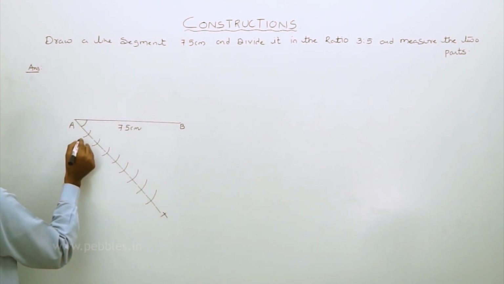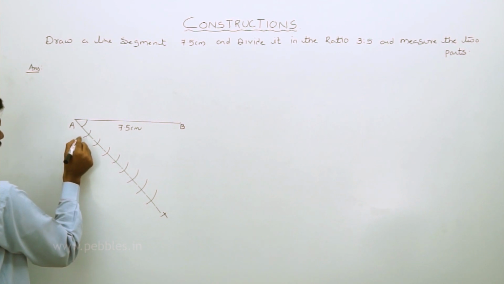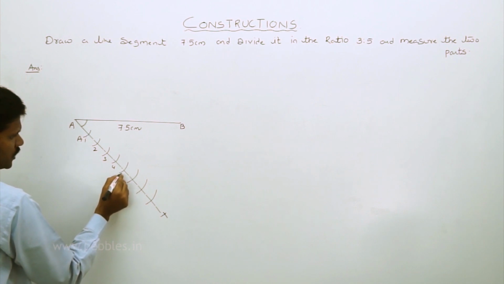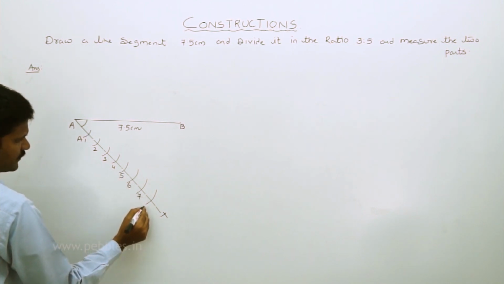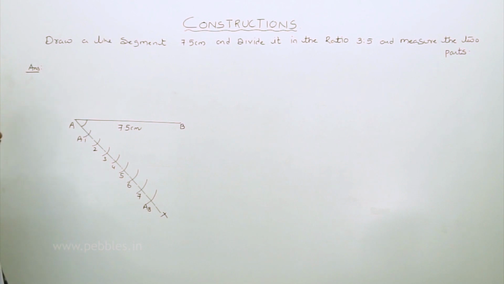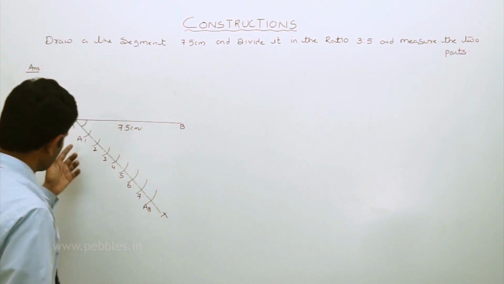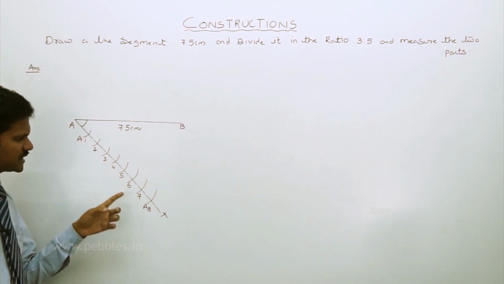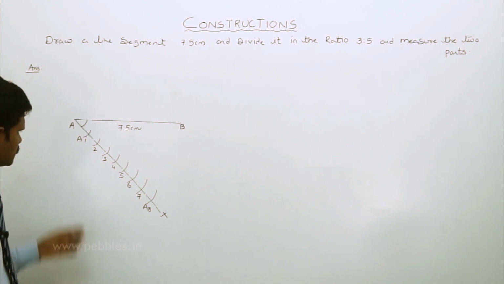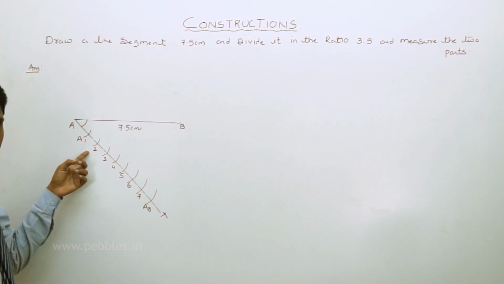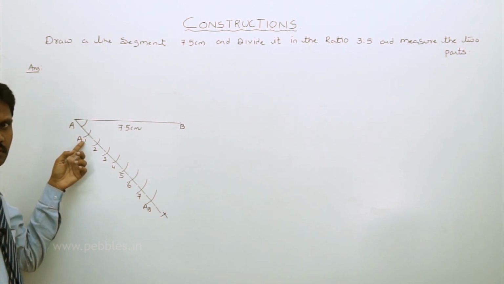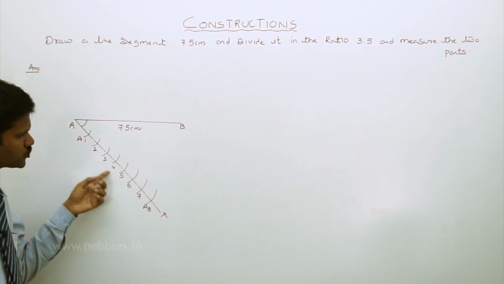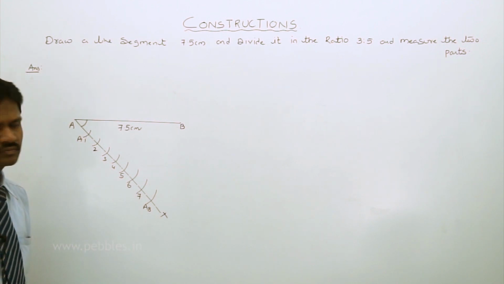Let us name them A1, A2, A3, A4, A5, A6, A7, now A8, such that AA1 is equal to A1A2 is equal to A2A3 and so on to A7A8.